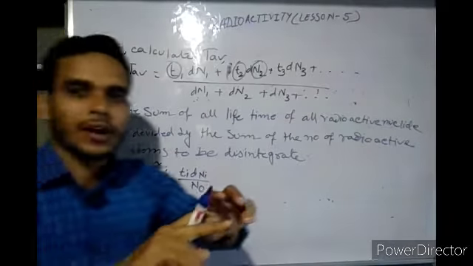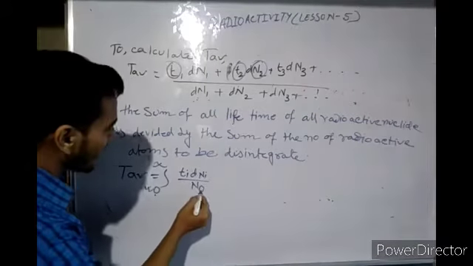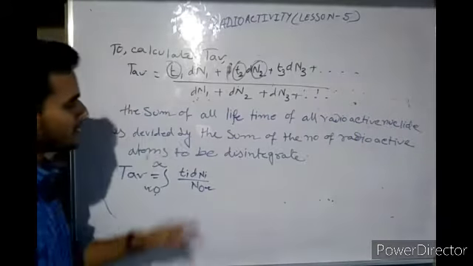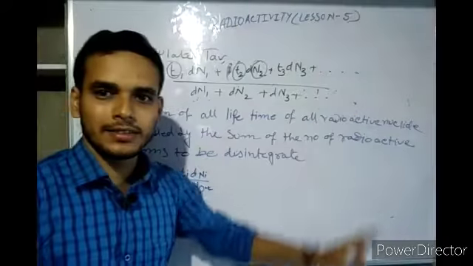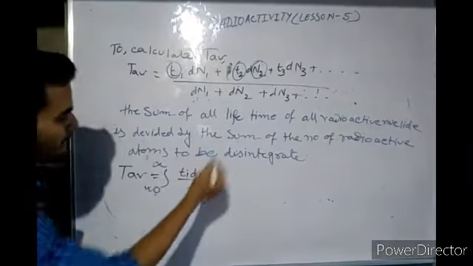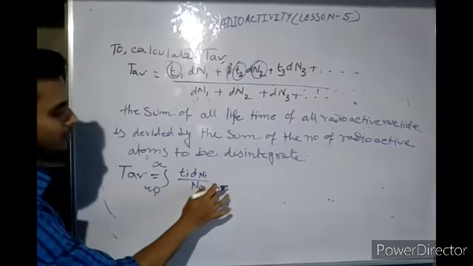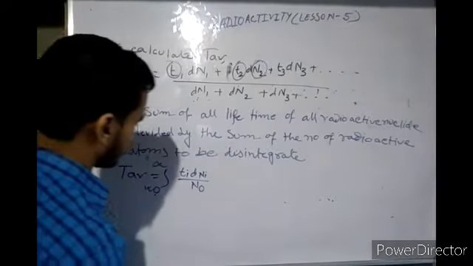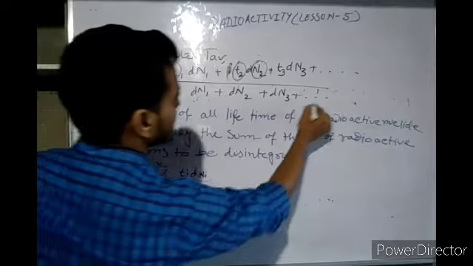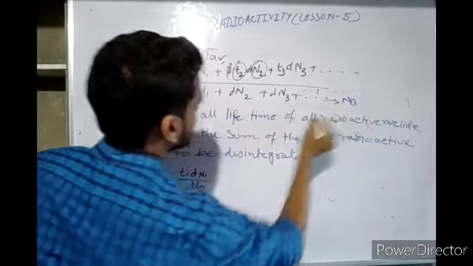So we sum over the whole range from 0 to infinity, and here N0 is the total number of nuclides to be disintegrated. N0 is the initial number of the radioactive substance, denoted by N0.